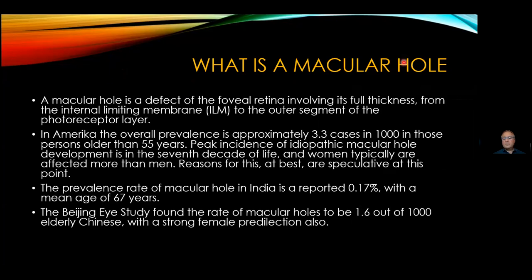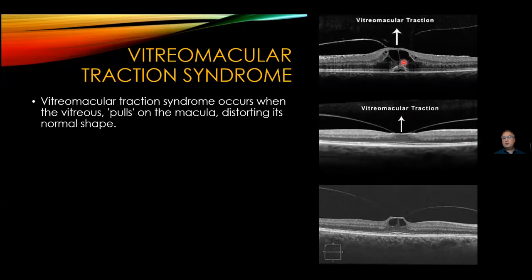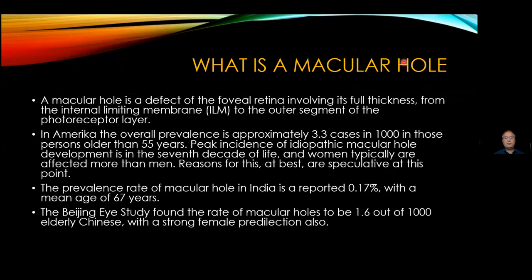Now, the vitreomacular traction that we talked about previously could lead to the following. So then a macular hole. A macular hole is where the fovea has got a split from the inner segment to the outer segment of the retina, involving the photoreceptors.